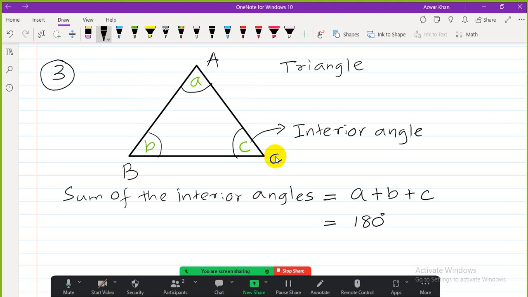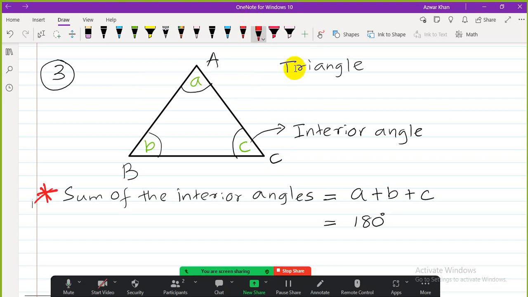And there is another special triangle called the right angle triangle, which we will learn in detail. Any triangle you take, you get three interior angles, and the sum of the interior angles equals 180 degrees. You have to remember this one, very very important, because we use this when we are solving questions.